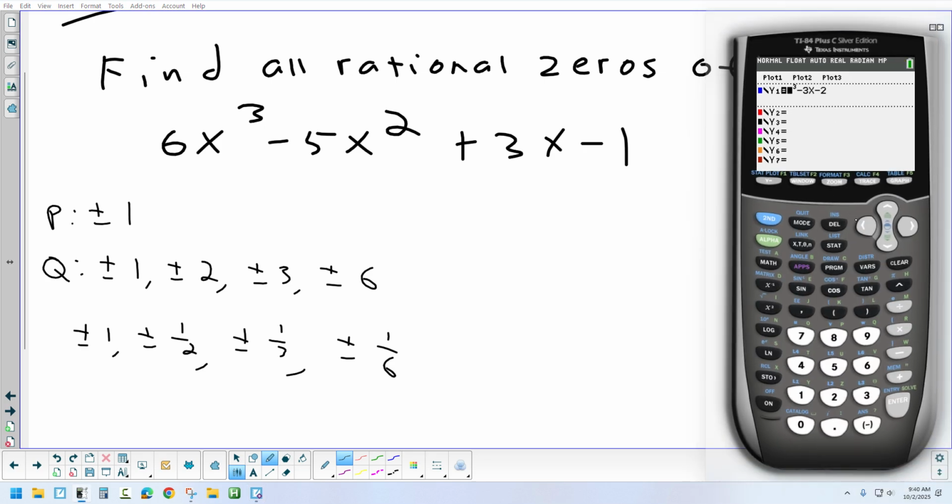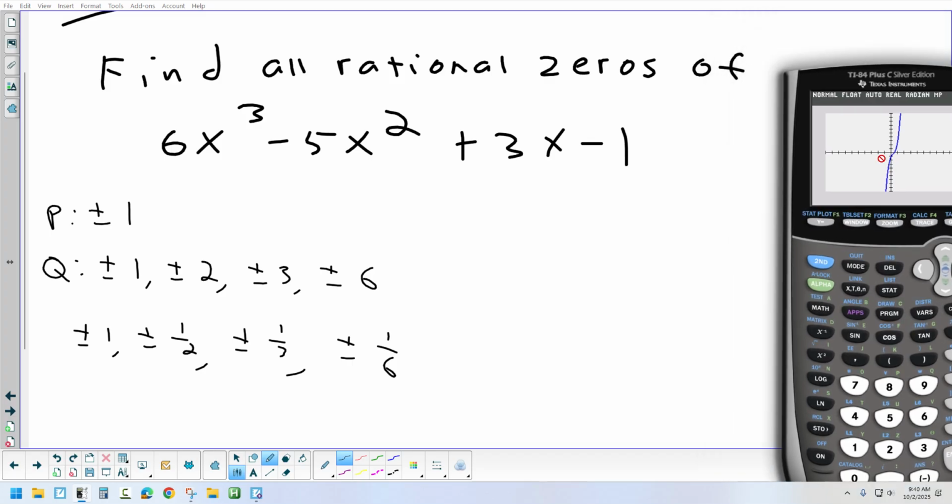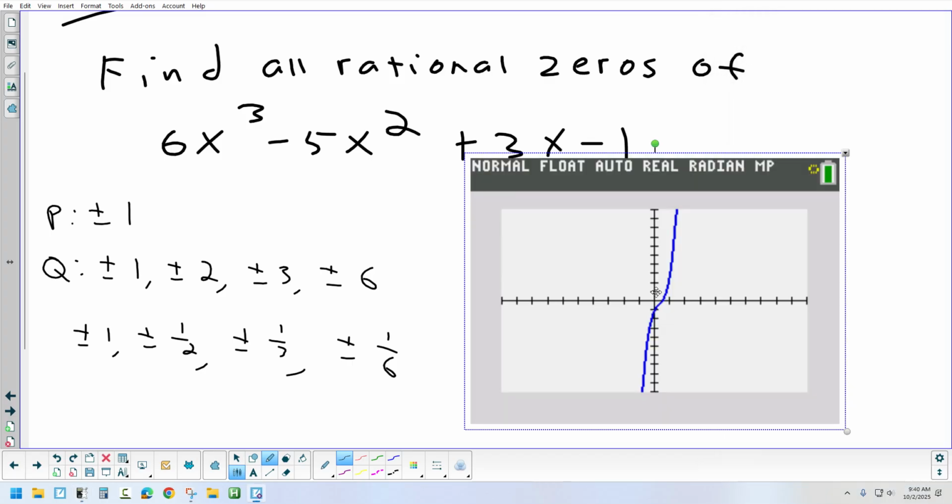Okay, so we've got 6x cubed minus 5x squared plus 3x minus 1. I'll do zoom 6. That's a lot more than I need. So what number in that list looks reasonable based on that graph?